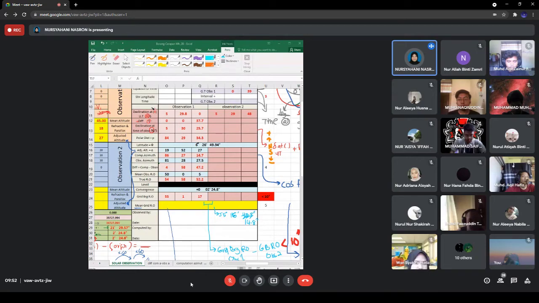Cuma untuk tentukan betul ataupun tak azimuth yang kamu tentukan berdasarkan sun position ni, kita tengok balik pada minggu hadapan. Kita tengok result everyone, sama ke, salah ke, betul ke, mengikut arah yang benar. Okay, itu sahaja untuk topik kali ni.